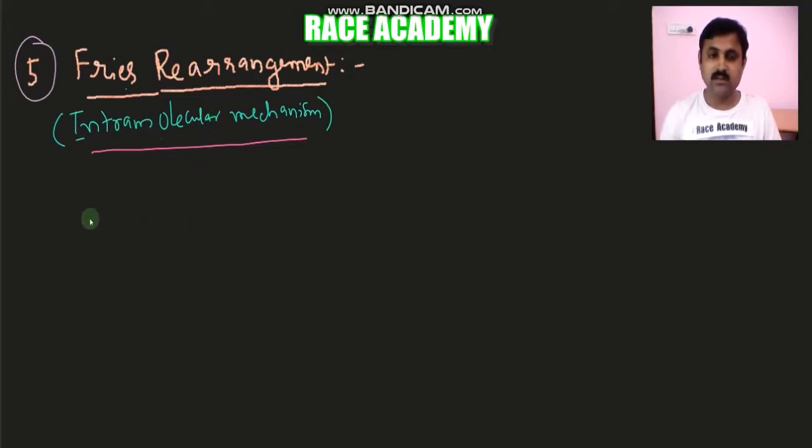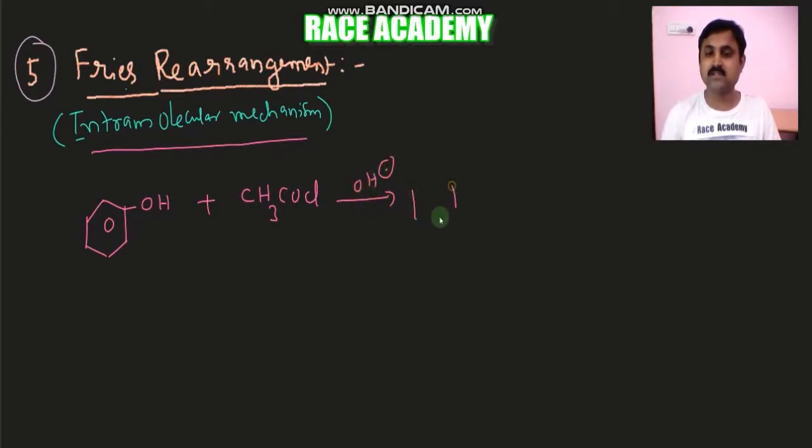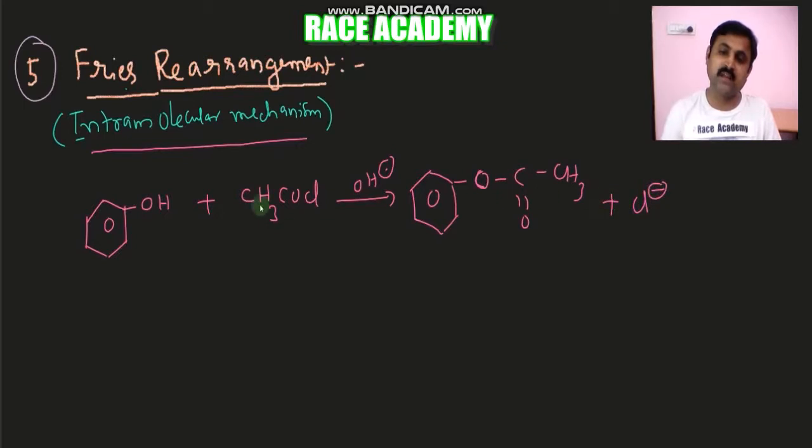The next reaction is called the Fries rearrangement, also called an intramolecular mechanism. In this reaction, first phenol reacts with acid chlorides. For example, if you take phenol and the acid chloride acetyl chloride, CH3COCl, in the presence of base, a phenyl ester will be formed. What is that compound? It is nothing but a kind of phenol ester, that is COCH3. So this is the phenyl ester formed with Cl minus removal.